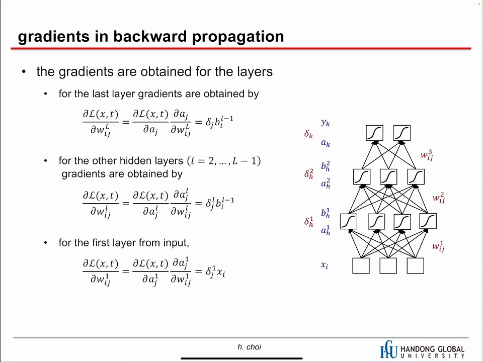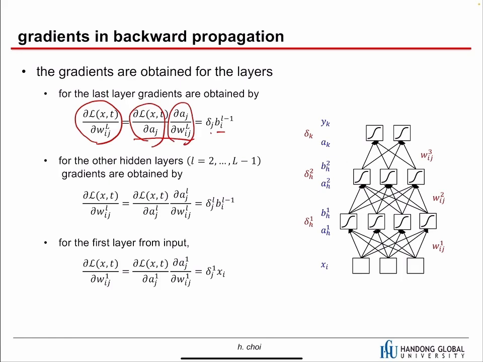Okay, so we have everything we need. Gradients are obtained for the layers. For the last layer we need this one, and this one can be rewritten by these two terms, where this one is delta j and this one is b sub i.